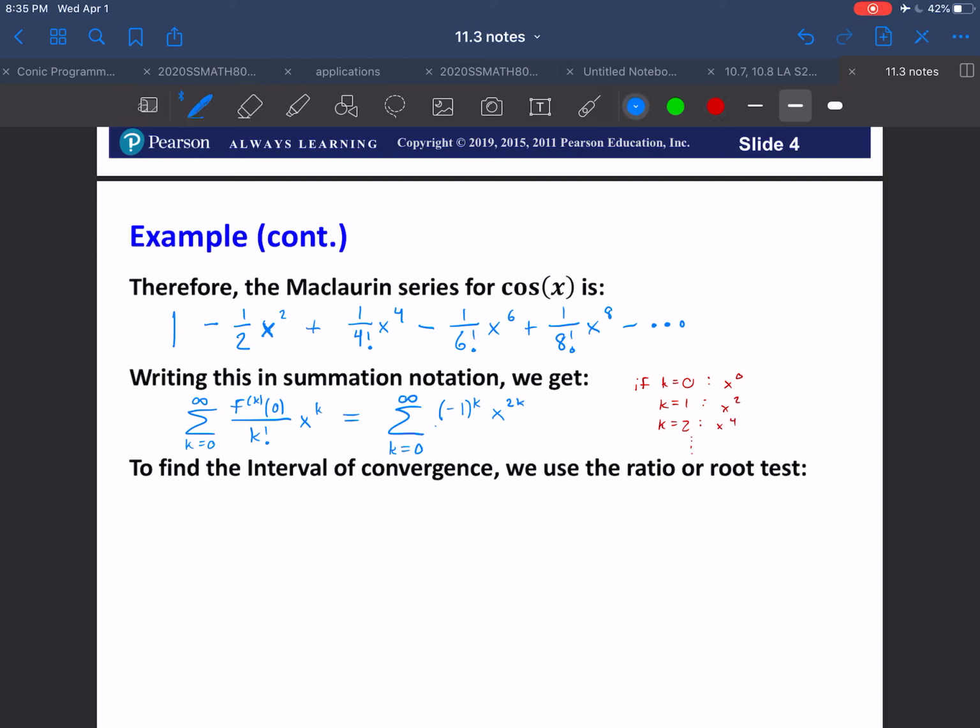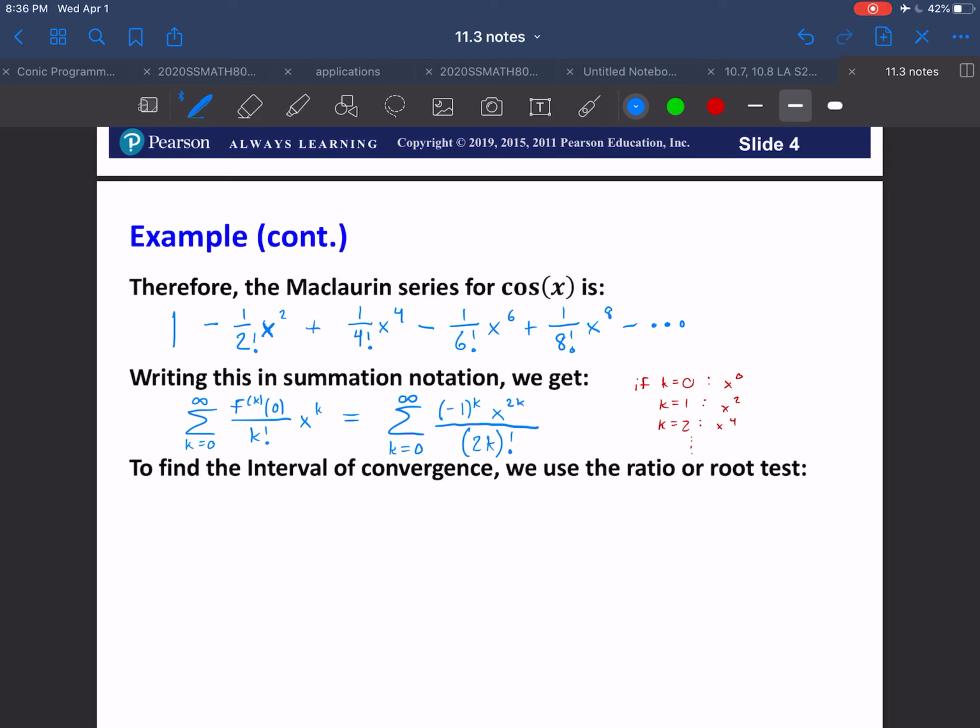And then if we divide this, notice we have the same thing happening with these denominators. We can write this first one as 2 factorial. We have 2 factorial, 4 factorial, 6 factorial, 8 factorial. And so we can write this as 2k in parentheses factorial.